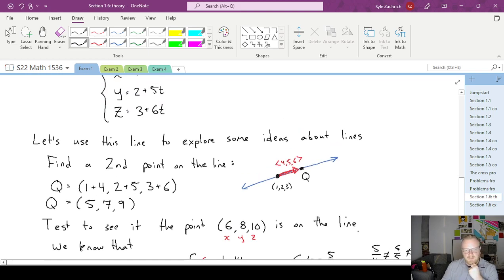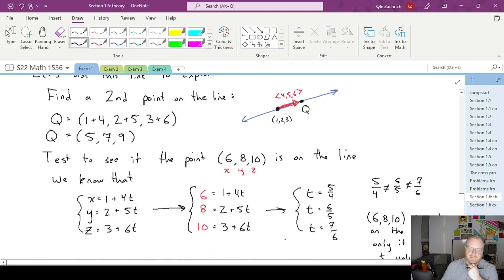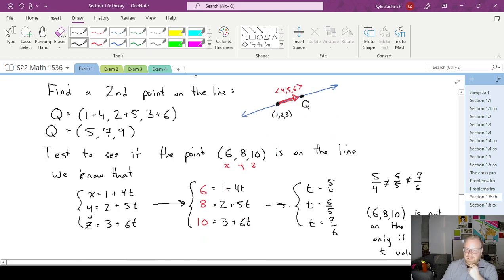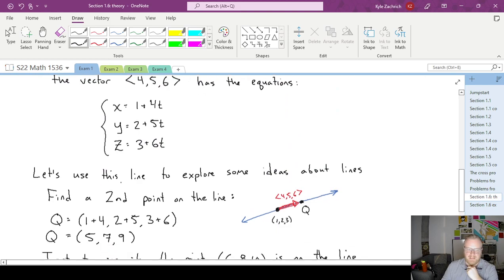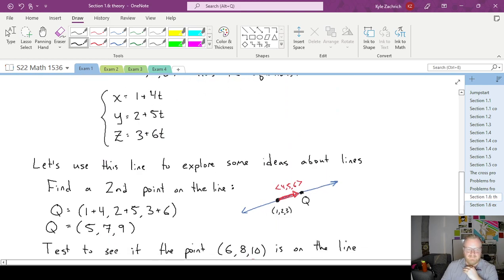Another thing we could do, now that I've shown you this setup here, is pick a value of t and find a third point on the line. If you look at the original equations, we really just picked t equals 1.